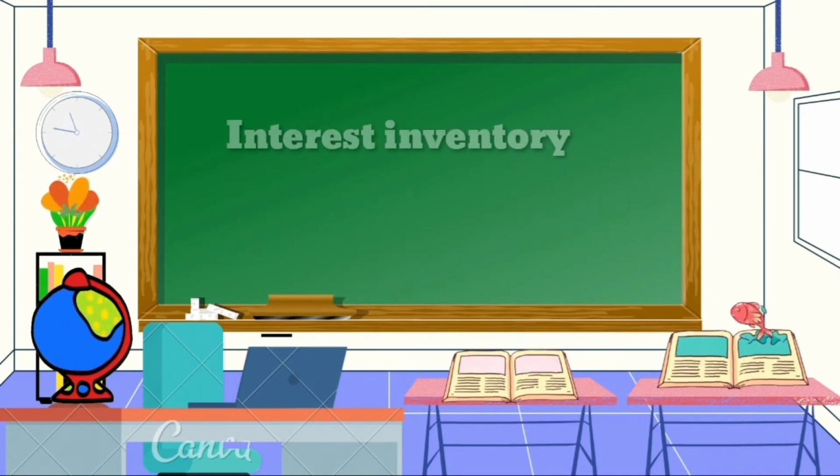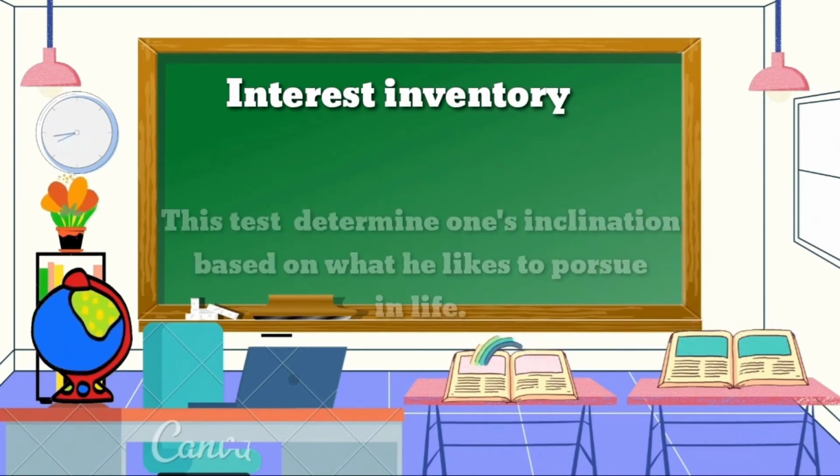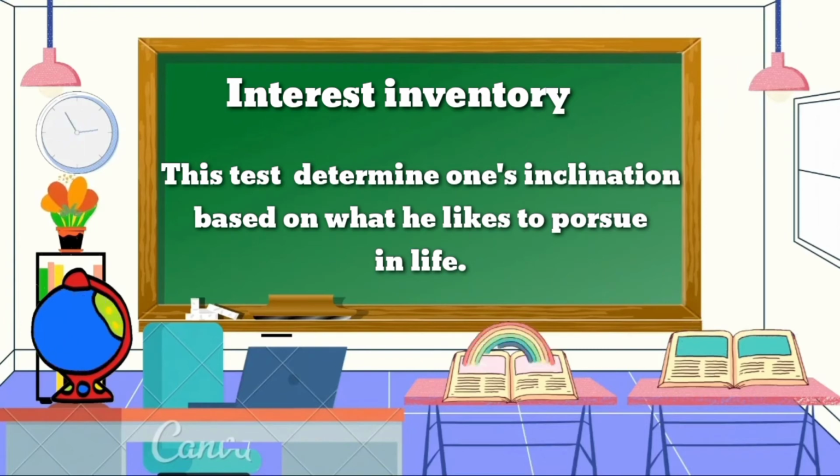Number 4 is the interest inventory. This test aims to determine one's inclination based on what he likes to pursue in life. One example of this is when you take an entrance test for college courses.